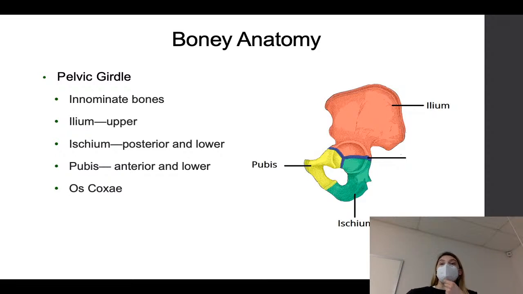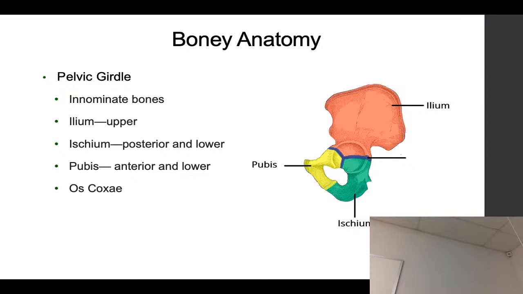This is a lateral view, so we're looking at it directly from the side. The top upper portion is the ilium. This top winged out portion is going to be the ilium. The pubis is going to be anterior and lower.